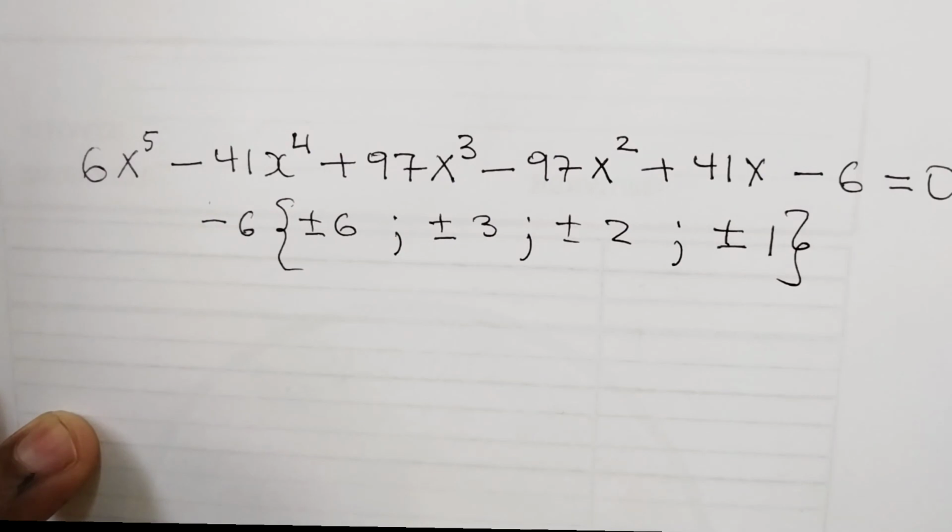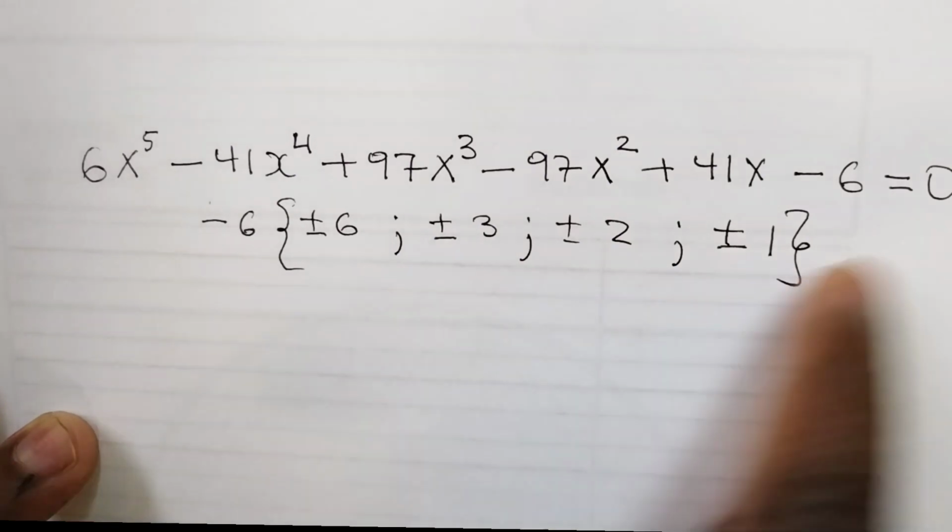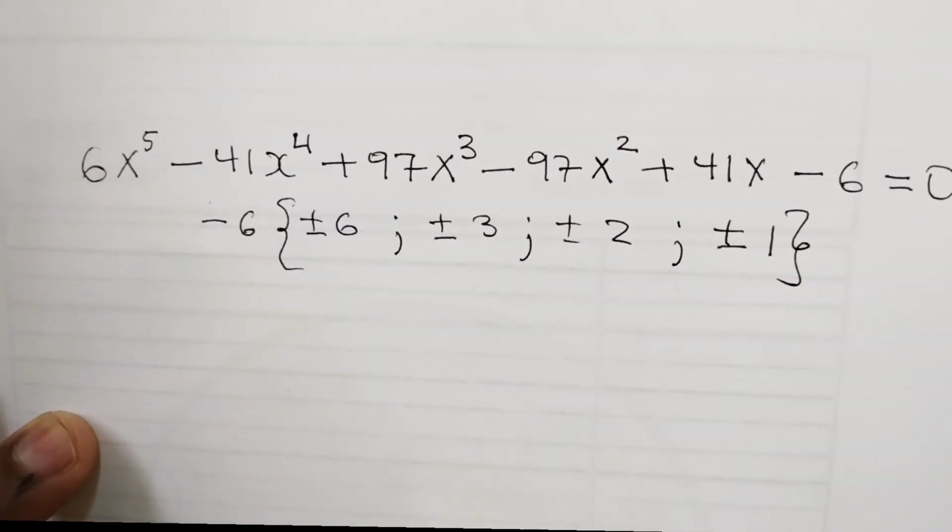These are possible values that can divide minus 6. So I'm going to take one of the values here and replace in the equation here. And if that value gives me 0, then that will be the first root of the quintic equation. I'll start with a positive 1.